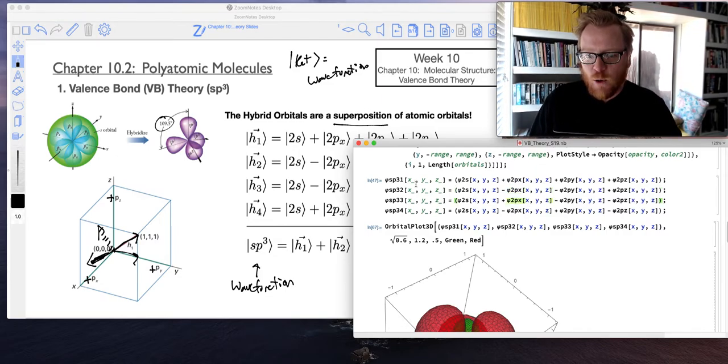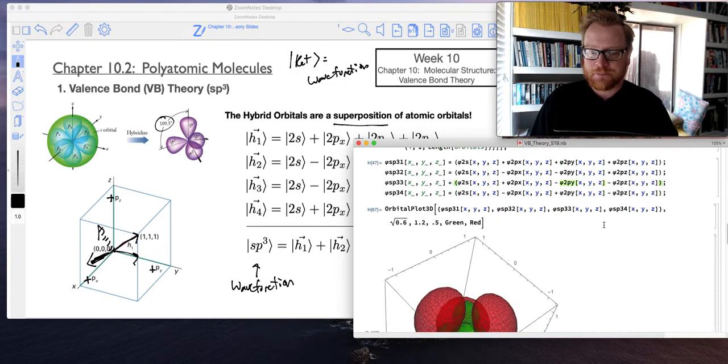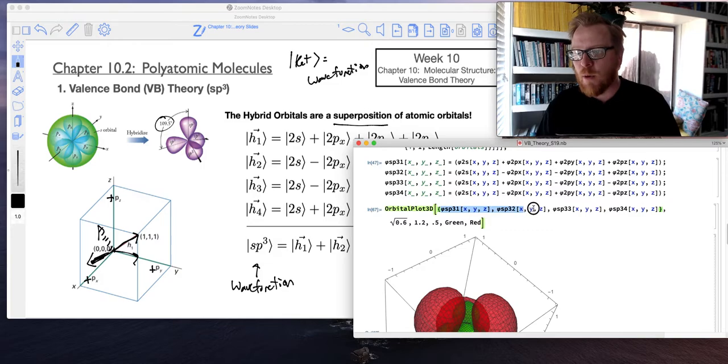And so now what's pretty cool is when I've got the SP3, I've got the linear sum of all of those. I've got the SP3, which is really to say like the H1, the H2, the H3, and the H4, right? All those different permutations. And then now I plot the sum of them. So I'm plotting them all, I should really say I'm plotting them all individually, okay?